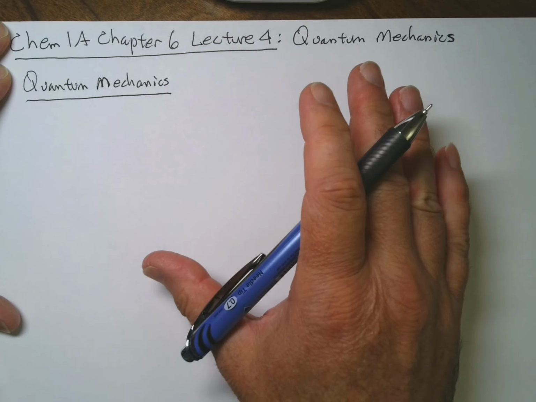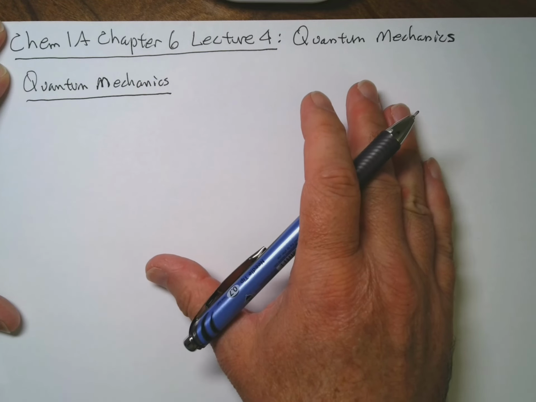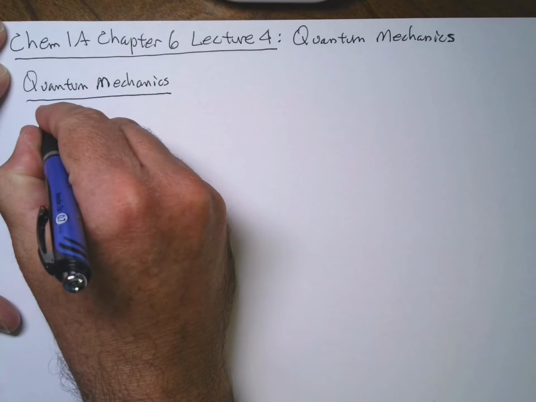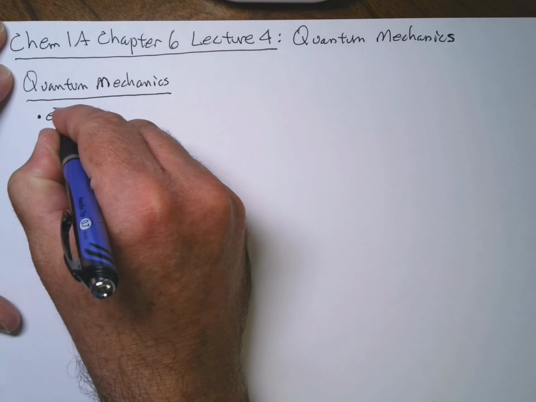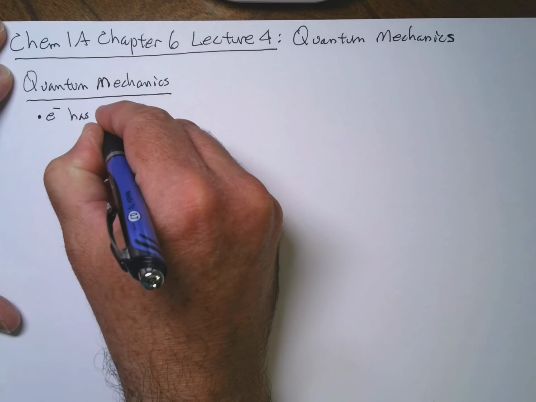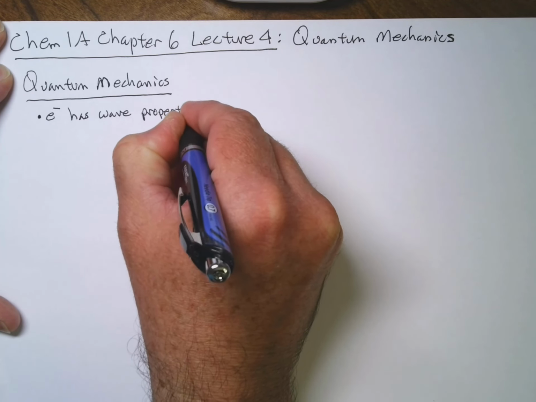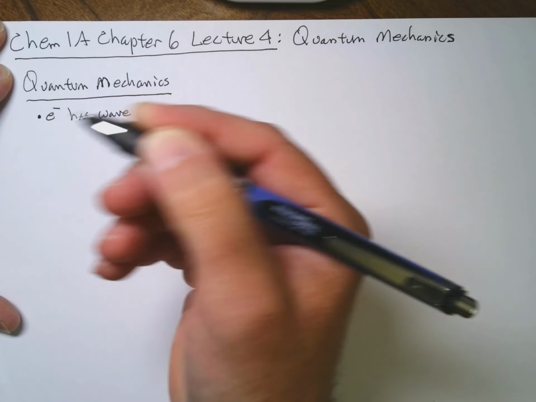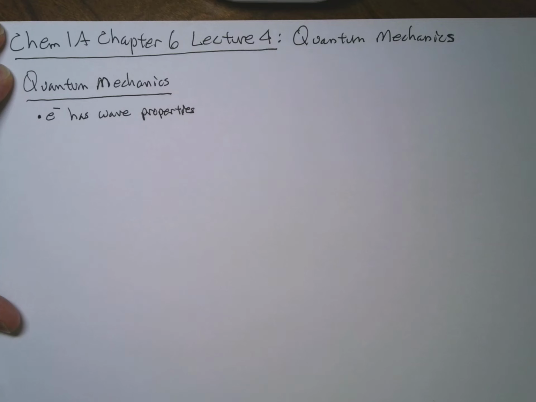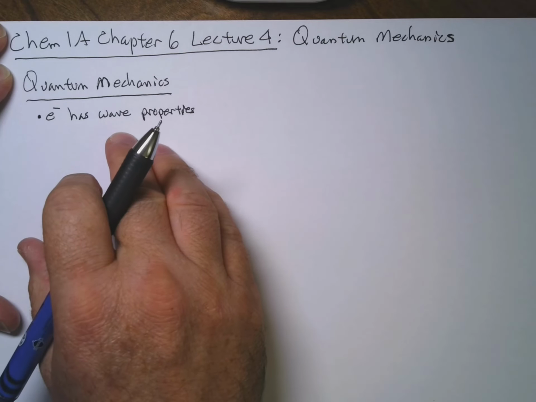And so it's based on the properties of electrons, that they have both particle and wave nature. So an electron has wave properties. That is, it's got a wavelength, frequency, etc. And so in quantum mechanics, the wave properties are emphasized.